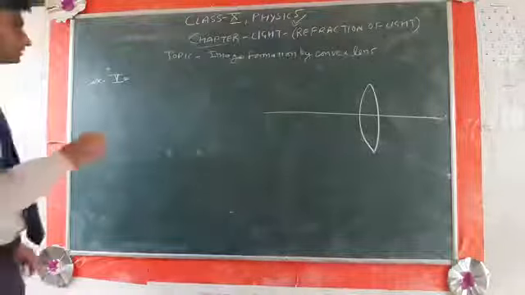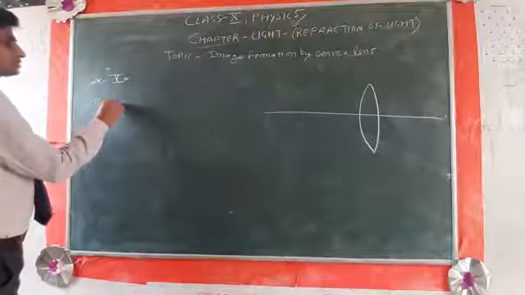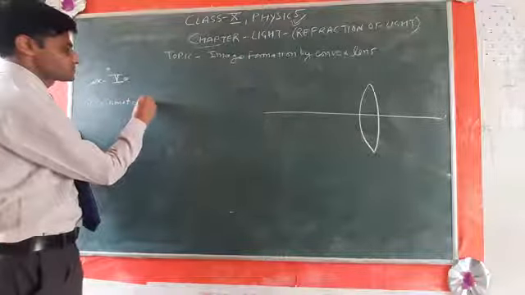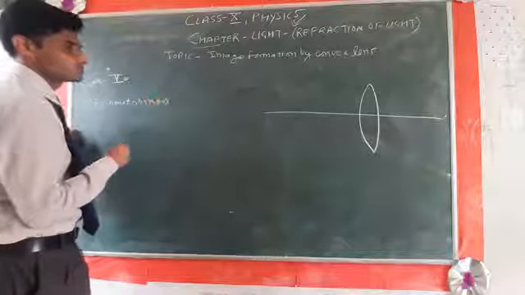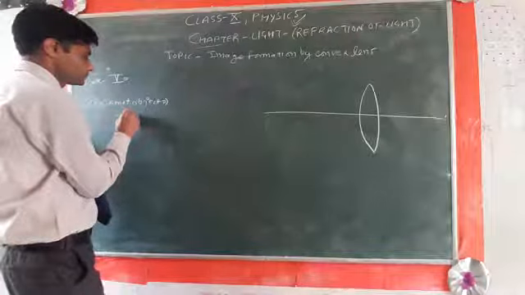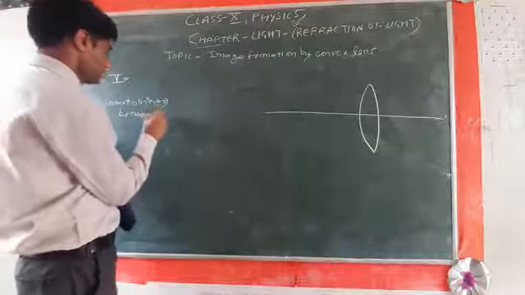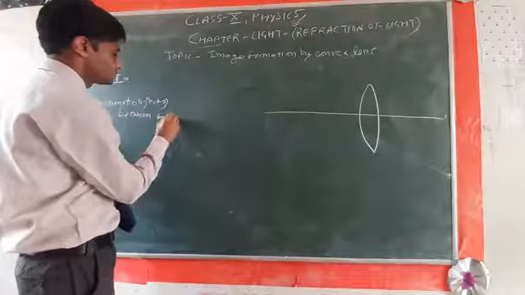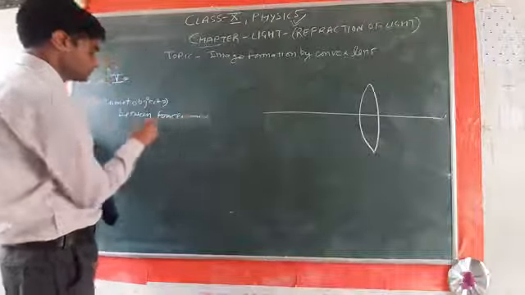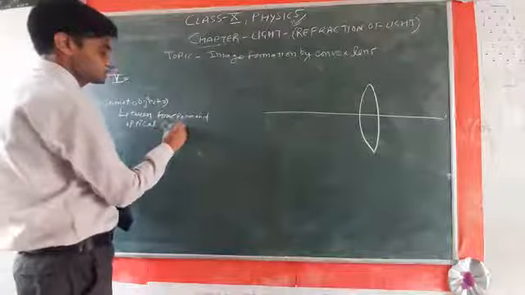This is a convex lens. In this case, position of object is between the focus point and the optical center.